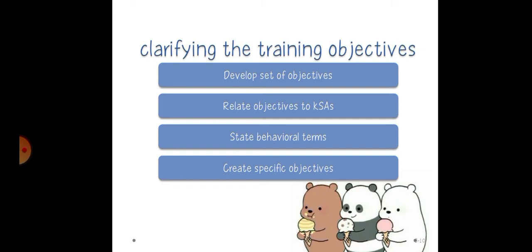So, after you develop a set of objectives from the assessment phase, these objectives should relate to the KSA. You identify the KSA so you know what training is necessary for your organization, and which KSA to focus the training on.